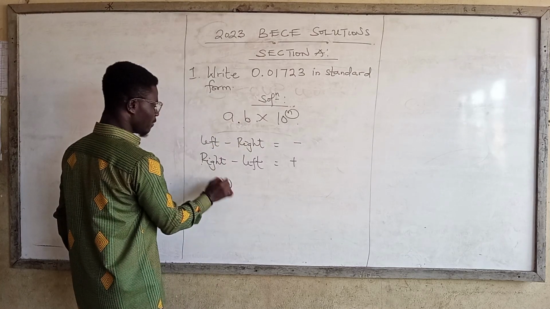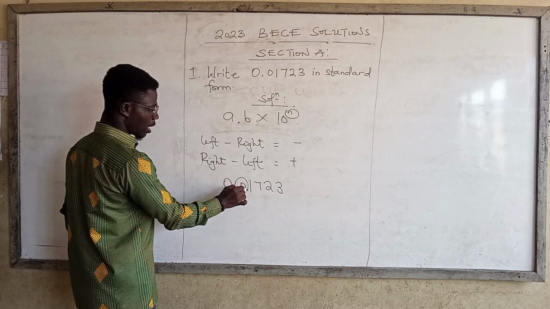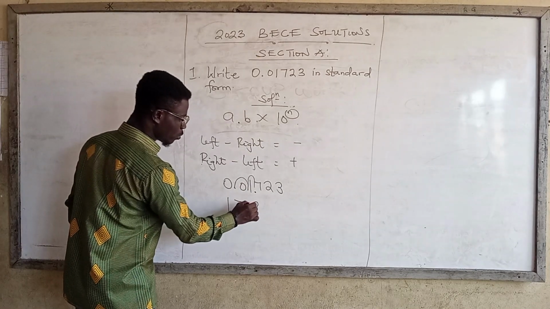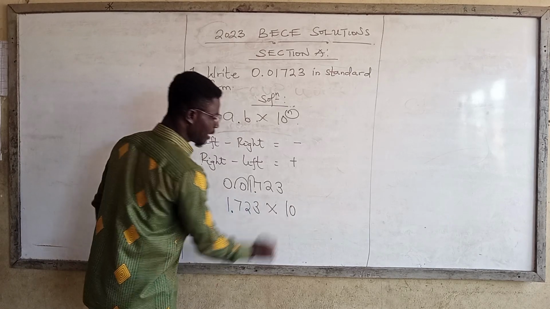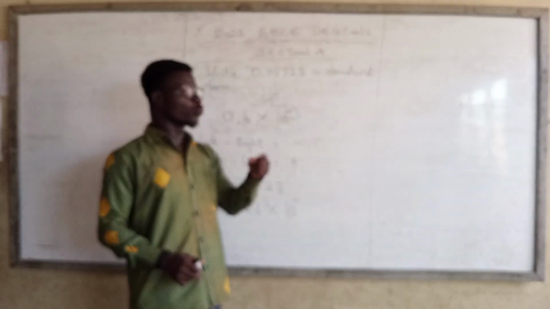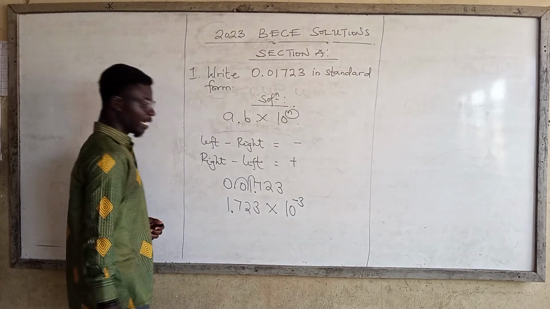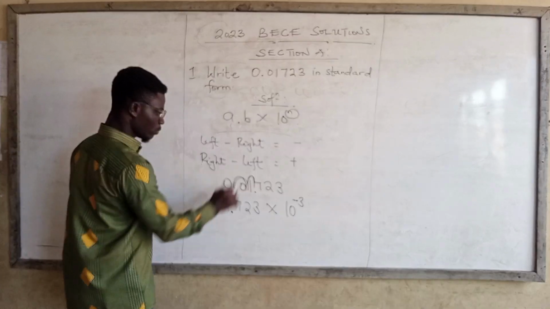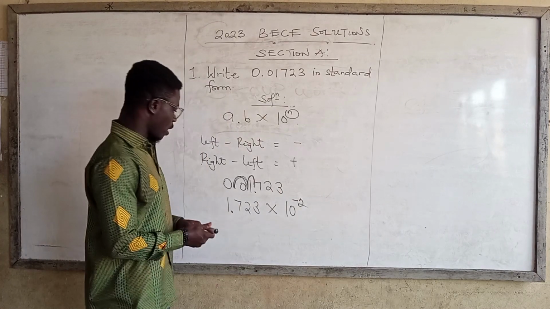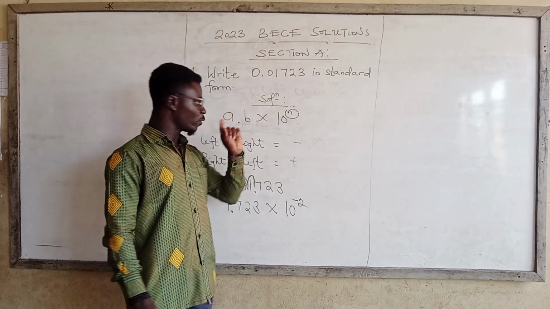So I have 0.01723. We get 1.723 times 10 exponent negative, then how many times did we move the decimal point? We moved it 2 times, so I get 1.723 times 10 exponent negative 2.